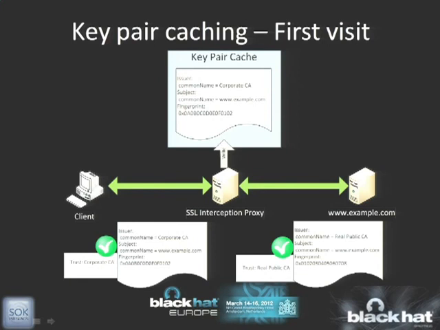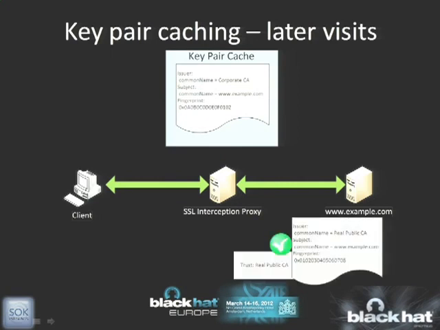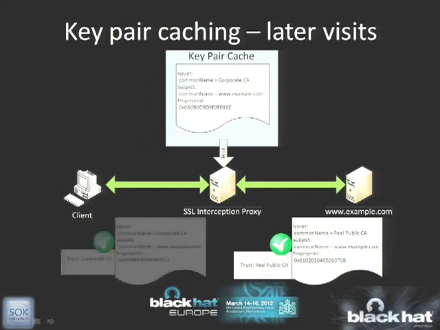This is just the first visit. A little while later, that same user, or maybe another user behind that proxy, comes along and accesses the same site. We already have the key pair in the cache. The server presents its certificate, and the interception proxy says, oh, I already generated a certificate for that host name. I'm going to pull it from my cache and present it to the client.